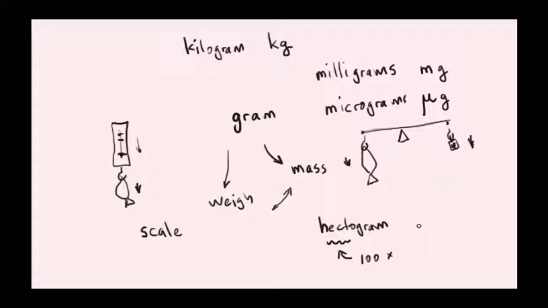You would probably want to measure that out in hectograms. So you would ask for maybe 2 hectograms of your best brie. All right, and there are other units that go along with the other powers of 10. We're just focusing on the ones that we tend to use in our laboratory: kilo, milli, centi, and micro.